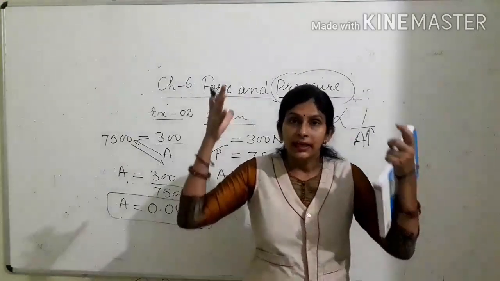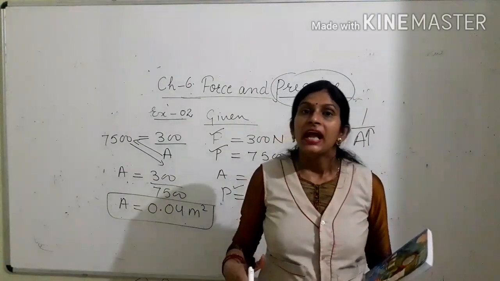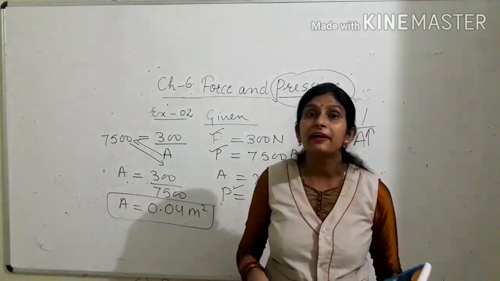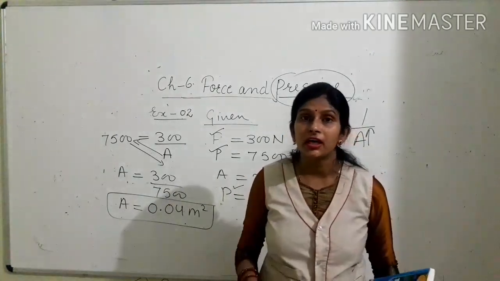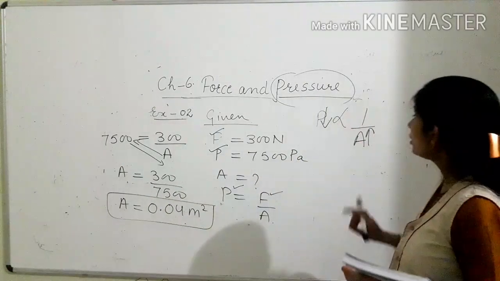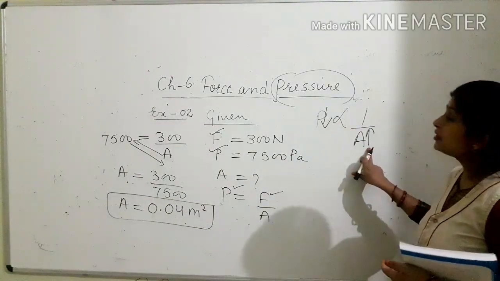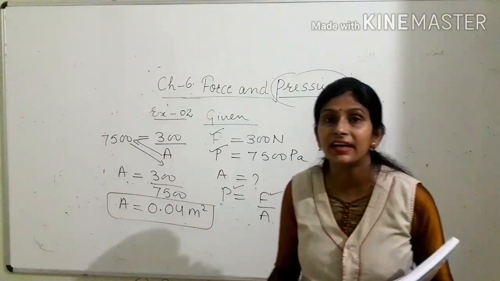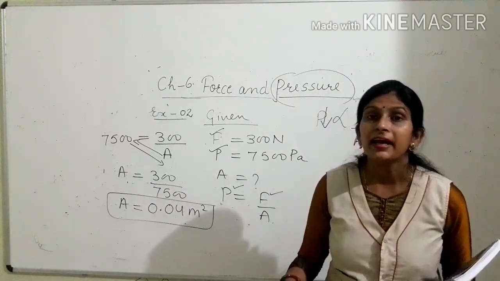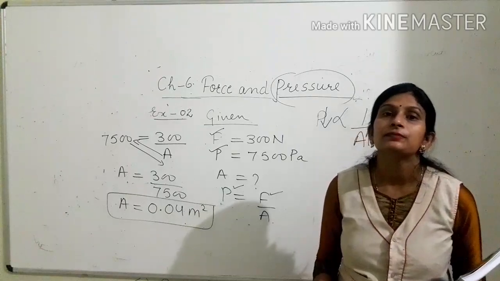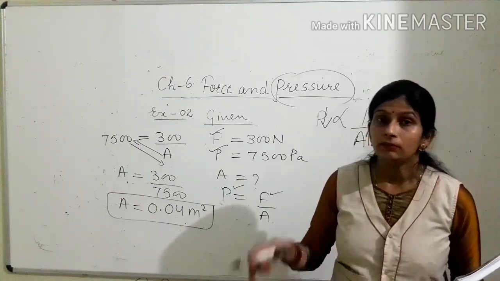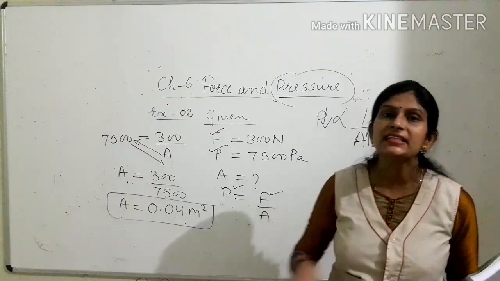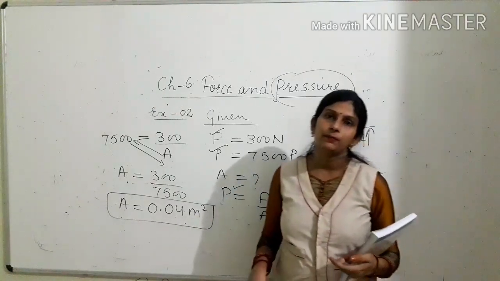So their body weight exerts a force on large padded feet, means on a large area. So force is applied on a large area, which reduces pressure. So less pressure is created by their feet on sand. So their feet do not sink into the sand and they easily walk on the sand.